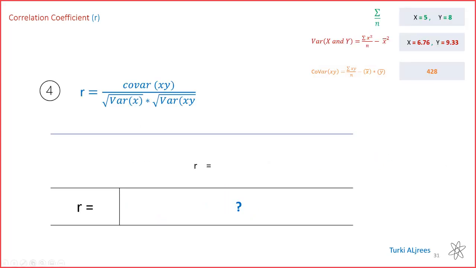Now, because we calculated the covariance of x and y, the variance of x and y, and the mean of x and y, we can easily calculate R. So our R is the covariance of x and y divided by the square root of the variance of x multiplied by the square root of the variance of y.